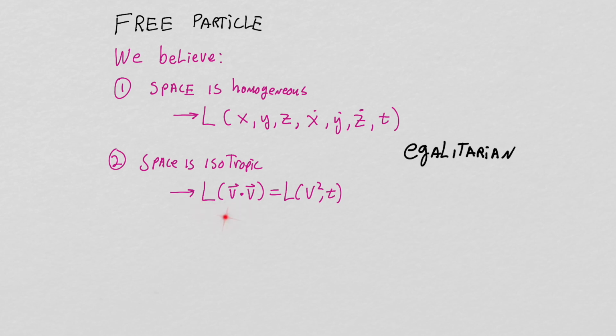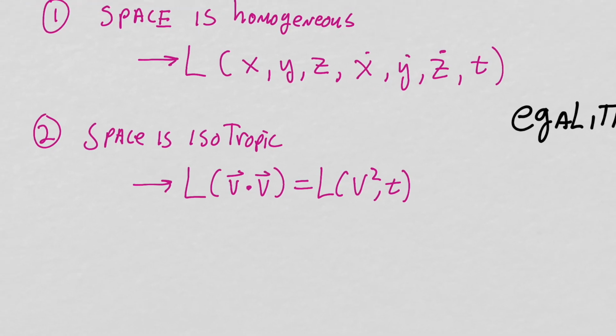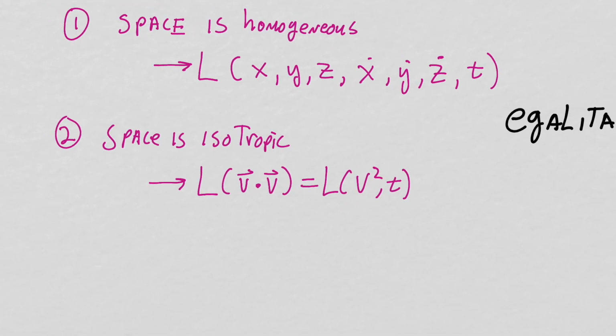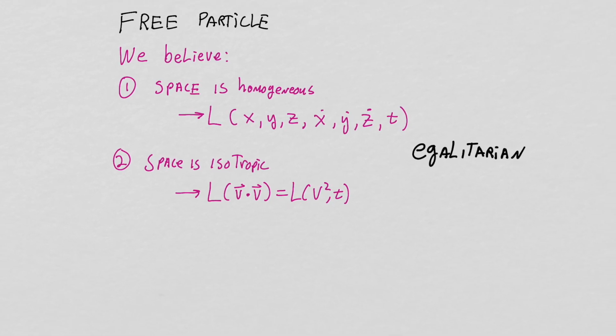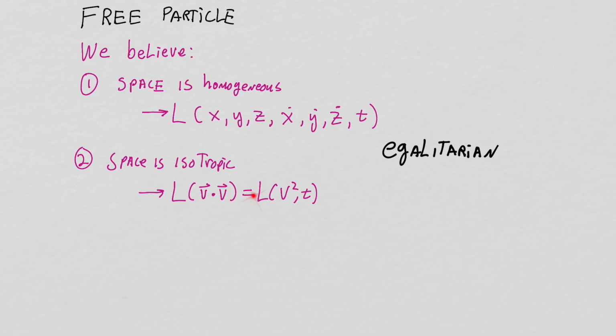Therefore, the Lagrangian must be a function only of v dotted into itself, which is v squared, or some function of the absolute magnitude of v, but we always write it v squared, which causes a little bit of a complication later on, but nothing significant. The point is it could be a function, say, of the square root of v squared, which is just v, for example.